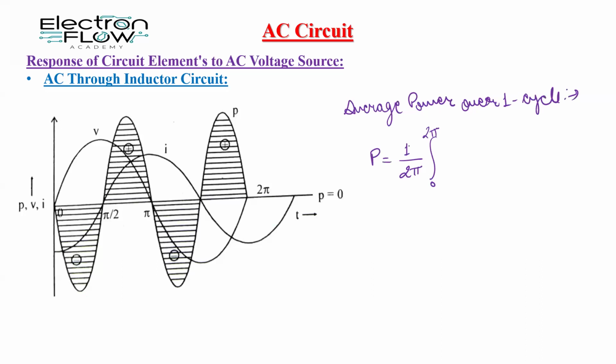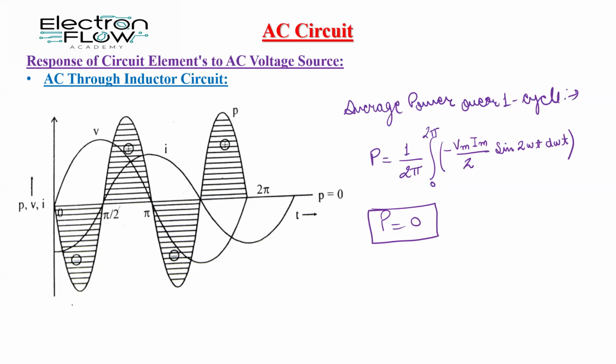So here we get negative of Vm Im divided by 2 sin 2 omega t d omega t. If I solve that expression, I will get the average power equal to 0. So in the pure inductive case, the average power is equal to 0.